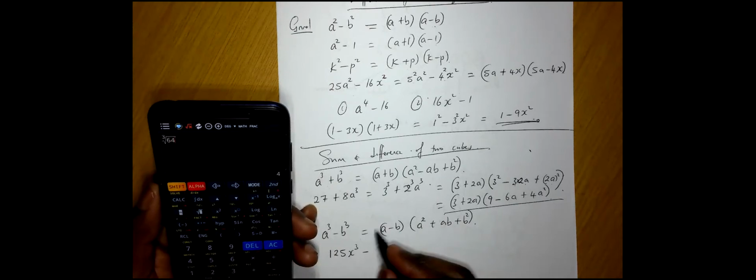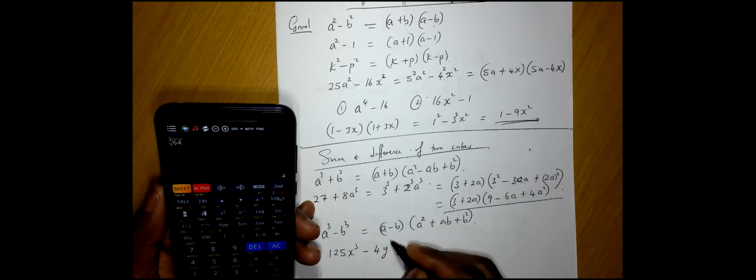We want a cube root, the cube root of 64. It does have a cube root, so we can say 4y cubed.